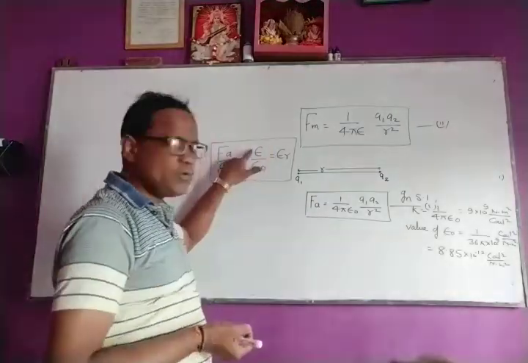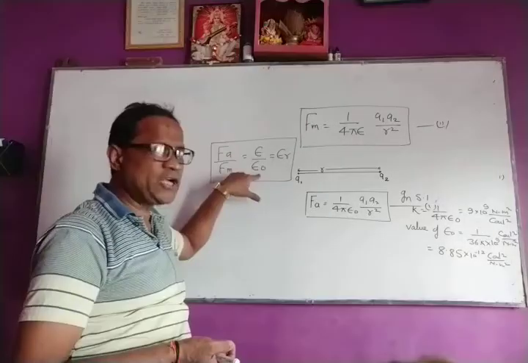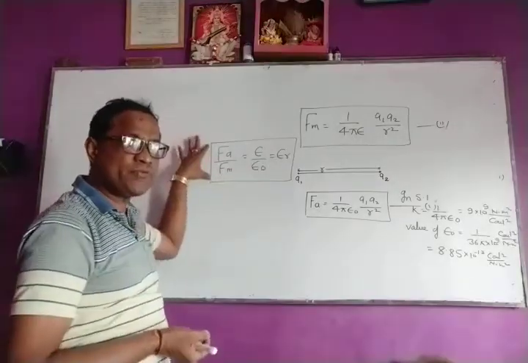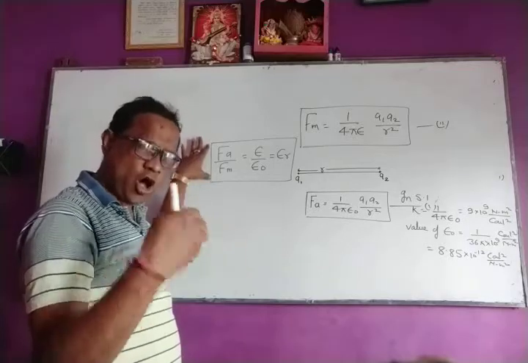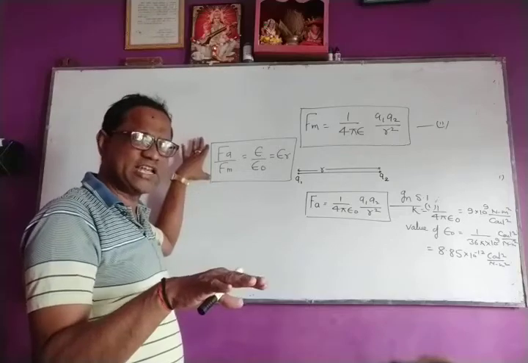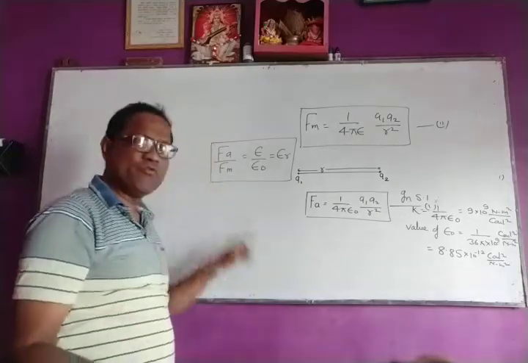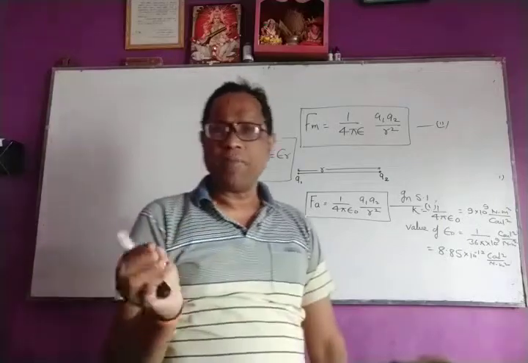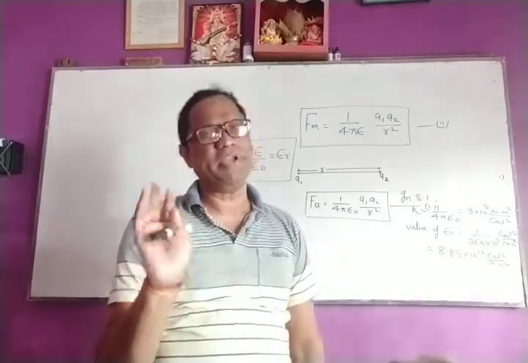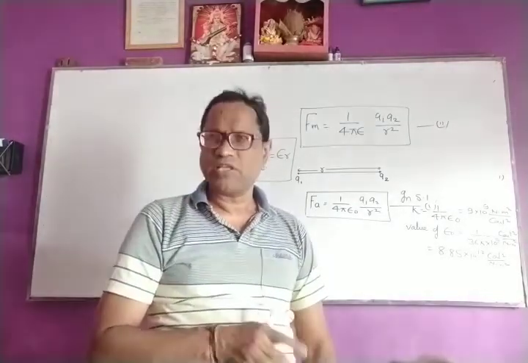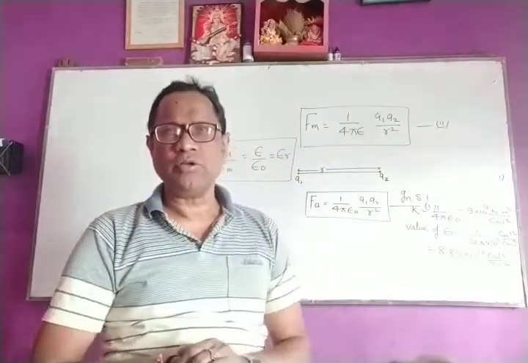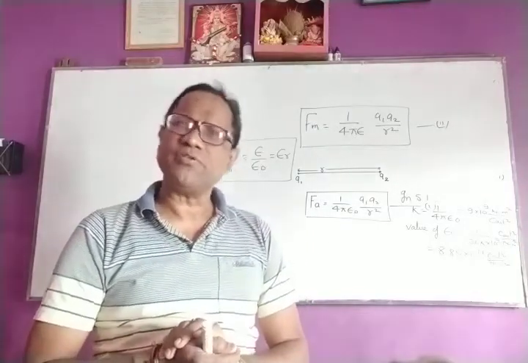It is the ratio of the force of attraction or repulsion between two charges placed at a certain distance in air to the force between the same charges placed at the same distance in a medium. The ratio of Fa and Fm, or the ratio of epsilon and epsilon naught, is known as relative permittivity.